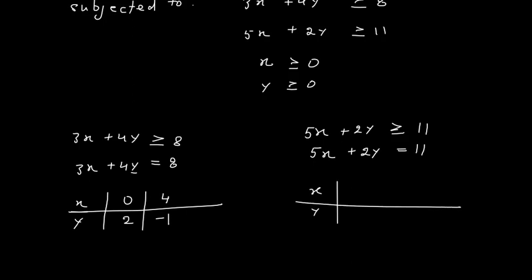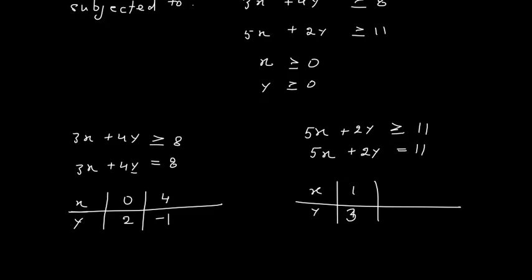When I take y as 1, 2 into 1 is 2, and 1 does not give me a proper result. So let us take y as 3. 3 2s are 6, 11 minus 6 is 5, so 5x is equal to 5, so x is equal to 1. So x is 1, y is 3.